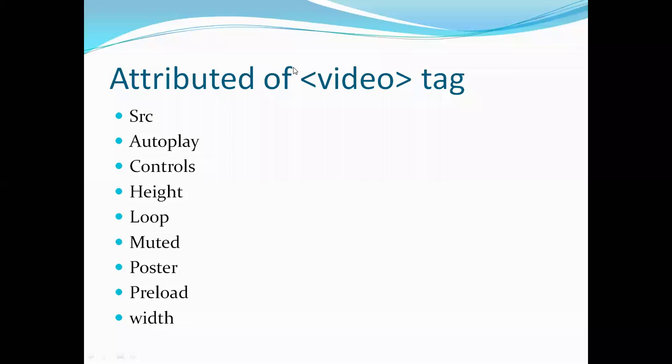There are three values of preload: auto, metadata and none. So what does preload mean? It specifies if and how the author thinks the video should be loaded when the web page gets loaded. We will see more examples on this preload. Last is width. The value of width is in pixels, and it sets the width of the video player. So these are the attributes of the video tag.